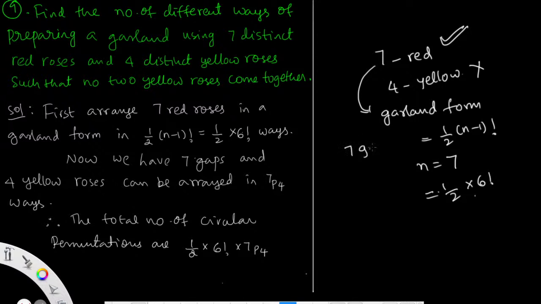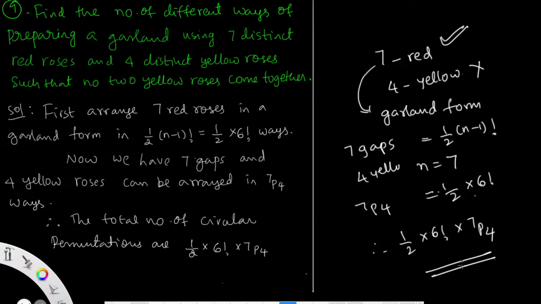In between we get the 7 gaps for the 4 yellow roses. This can be done here also in 7P4 ways. Therefore, total arrangements are half into 6 factorial into 7P4 ways. This is the number of circular permutations with no two yellow roses coming together.